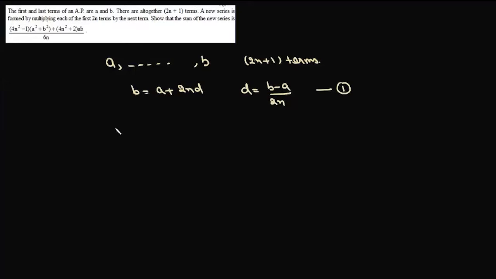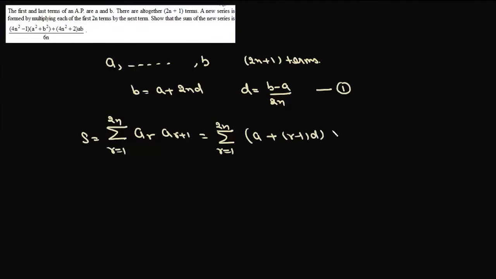Now what they have asked for is this summation of a_r into a_(r plus 1), where r varies from 1 to 2n. We need to find this sum: a1 into a2 plus a2 into a3 up to a_2n into a_(2n plus 1). Now we know that its rth term is a plus (r minus 1) into d, and its (r plus 1)th term is a plus r into d.